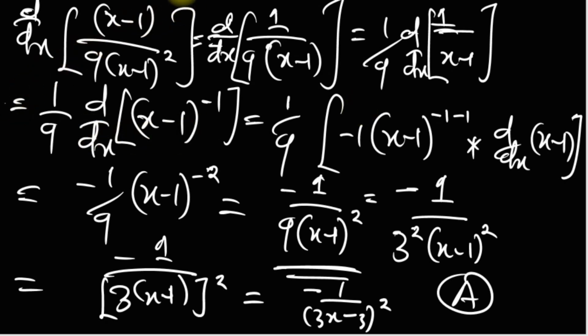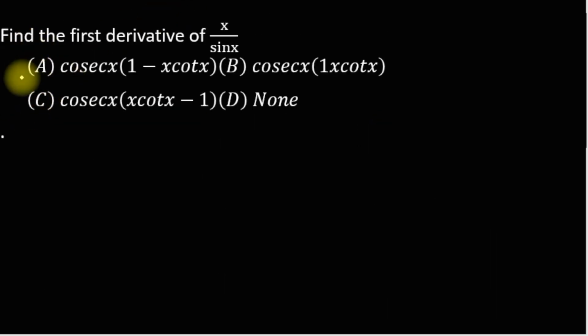So the next question, we are asked to find the first derivative of x over sine x. Looking at this quotient, we have to use quotient rule here. But looking at the options, it seems nothing like quotient. So it's better we write, instead of writing this, we are asked to find the derivative of x over sine x.